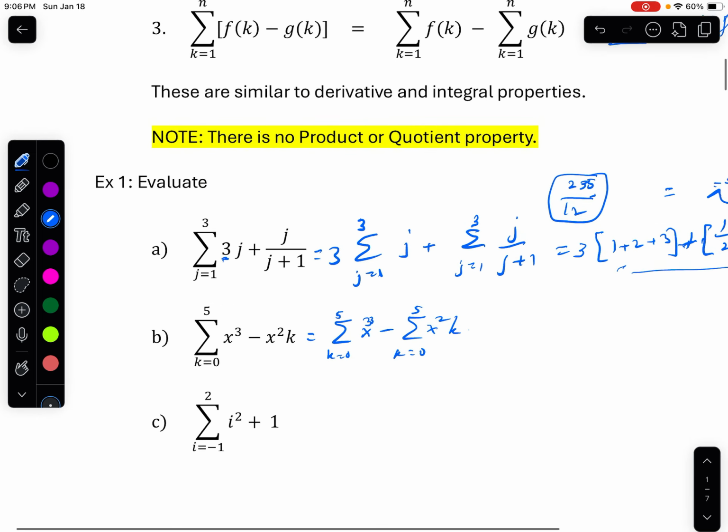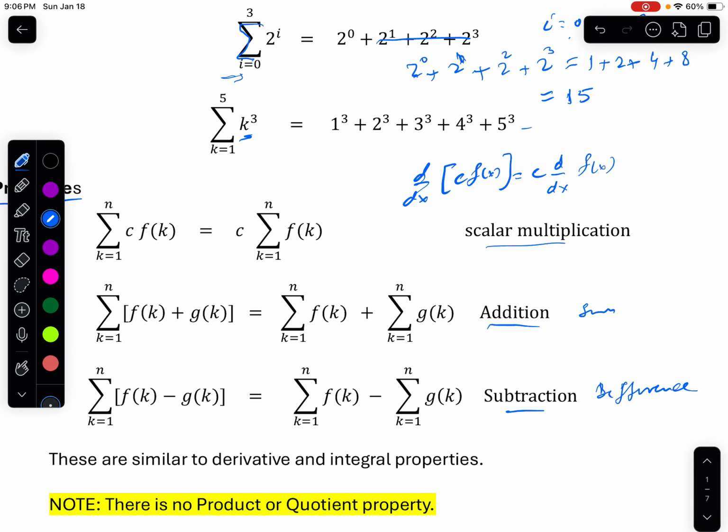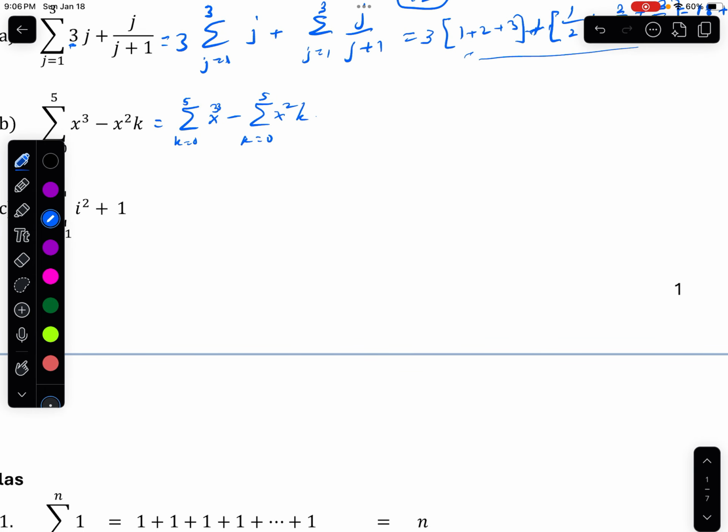I just showed you an example over here where I had a k cubed. So k is the one which is changing. Remember, x is not the one which is changing in this case. So here this x cube can be pulled out in front of the summation. We are left with x cube.